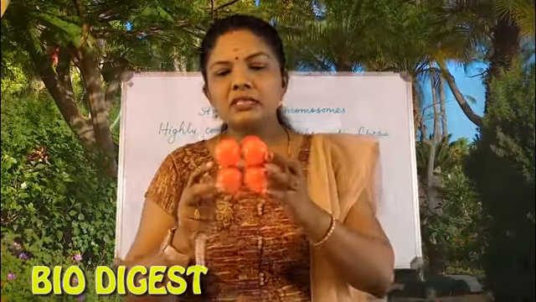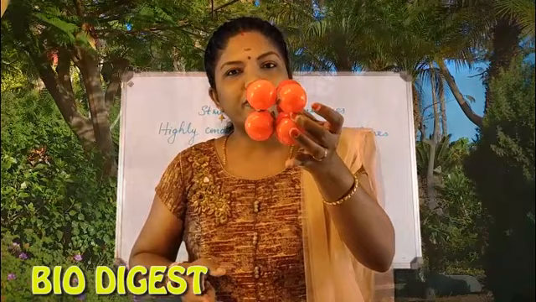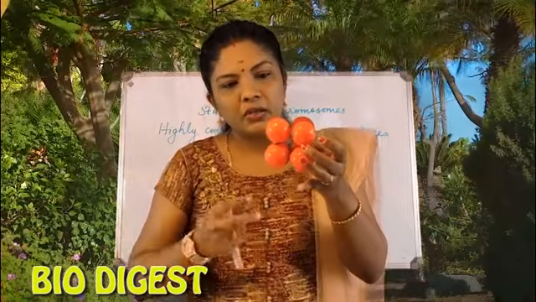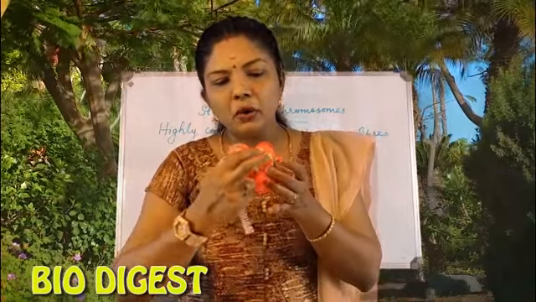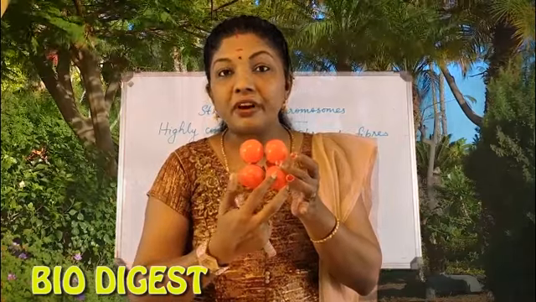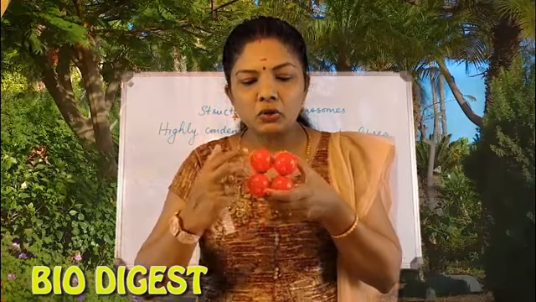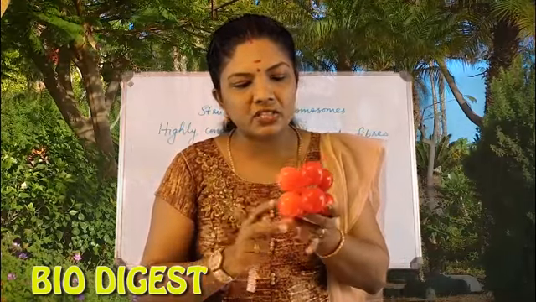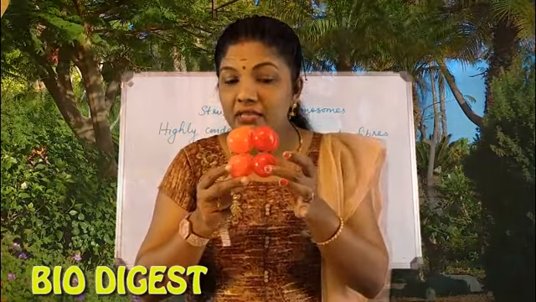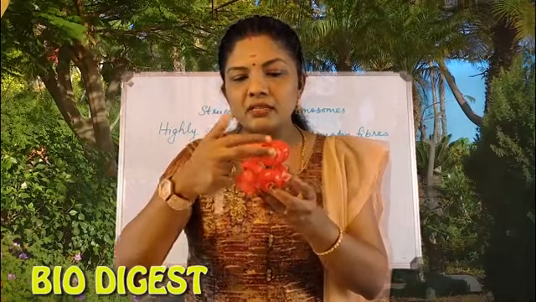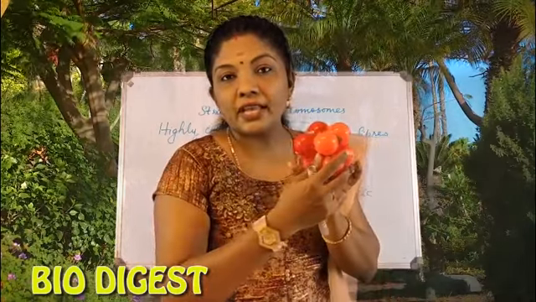This is actually the structure of histones. You can see 4 ball-like structures in the front, and at the back also you can see 4 ball-like structures. So in total, I am showing the side view, you can see 8 ball-like structures.